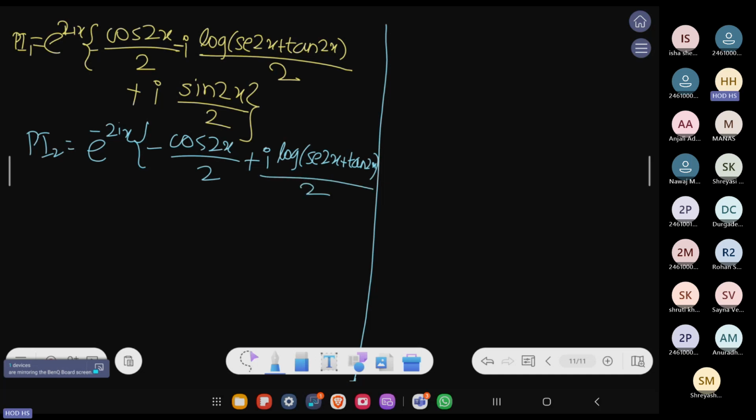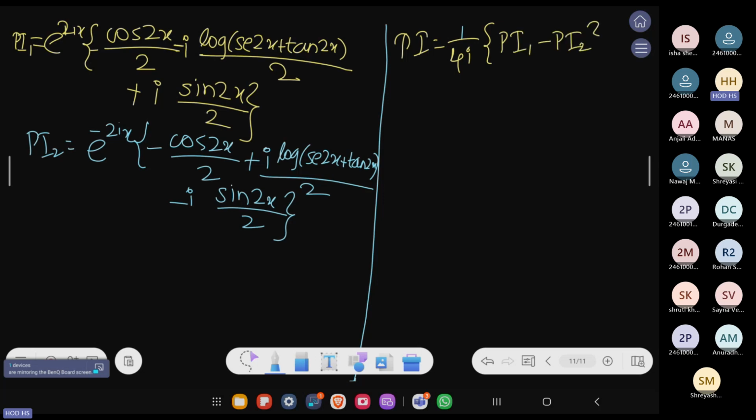And here again there is i, so I need to change my sign as minus i sin 2x by 2. Okay. So what is my complete particular integral? My particular integral is 1 upon 4i times PI1 minus PI2, right? Particular integral 1 minus particular integral 2 times 1 upon 4i.